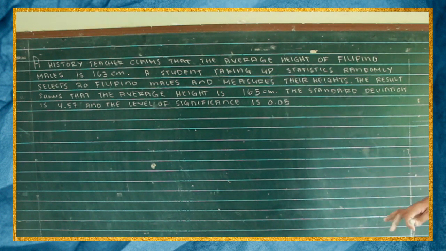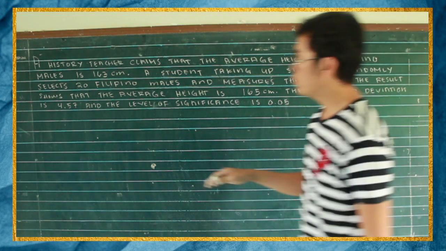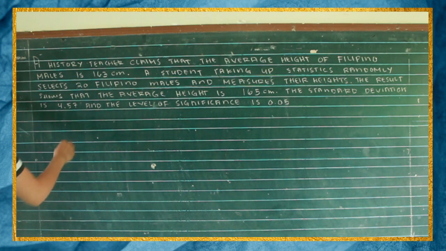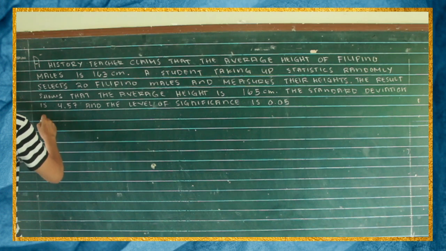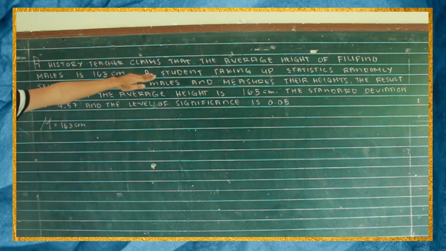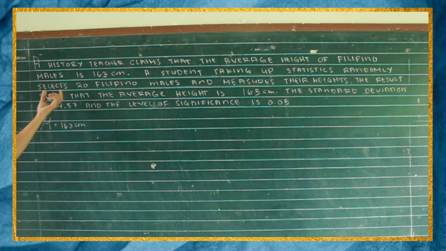So again, first we have to identify the given. We have the claim of a history teacher, so that is the population mean. And then a student taking up statistics randomly selects 20 Filipino males, so that is the number of samples.